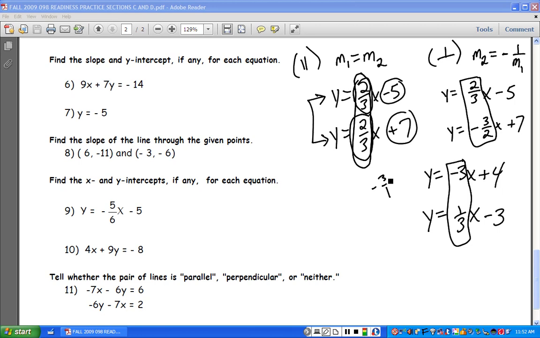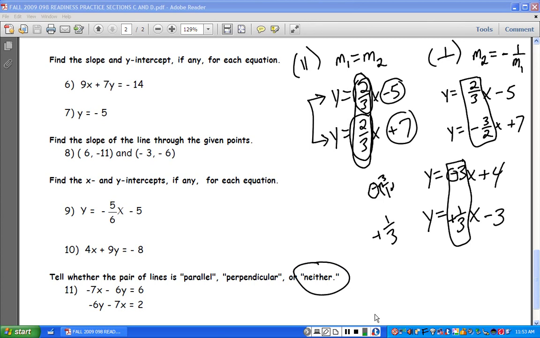So if I flip 3 over 1, I get 1 over 3, which is what I have here. Then I had a negative, and now my slope is positive, so I also have opposite signs. So flip and opposite signs means that you're dealing with perpendicular slopes. It has to be the flip and opposite sign. Alright, and if it doesn't fit either one of these criteria for parallel and perpendicular, then you would say neither.